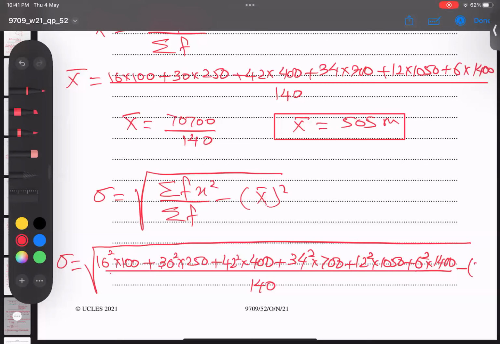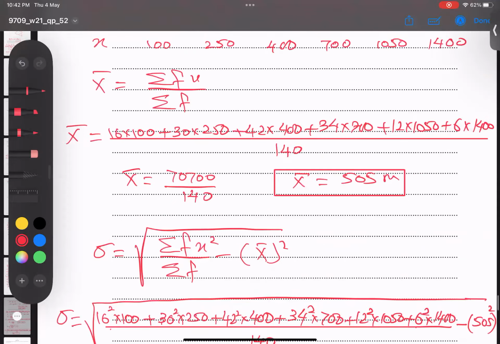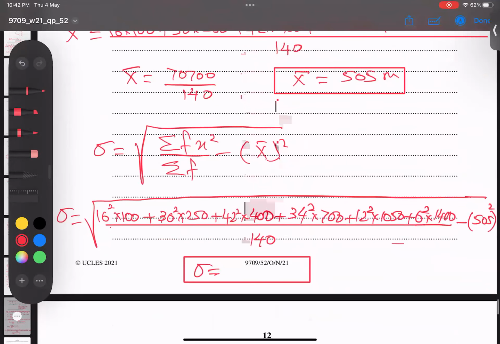Mean is what? 505 whole square. And deviation I'm finding finally is a matter of typing in the calculator, students. One minute, please, I type in the calculator. Wait a minute, fx square, yeah, correct.